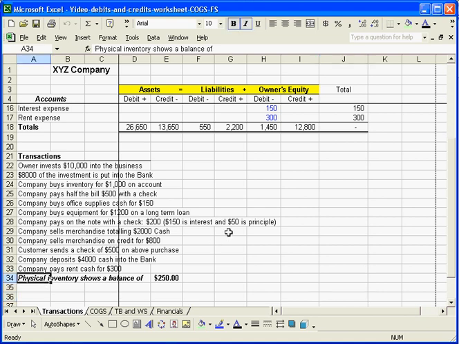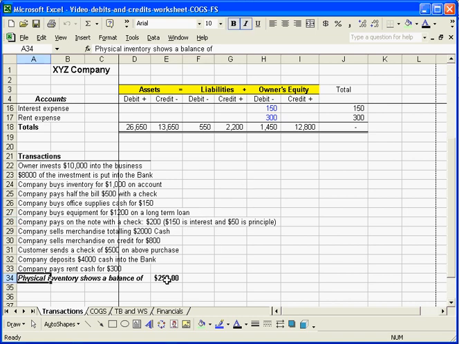Okay, after these transactions are posted, now it's the end of the year, and your company is getting ready to prepare the financial statements. The first thing that the company needs to do is to go out and count the inventory on the floor.